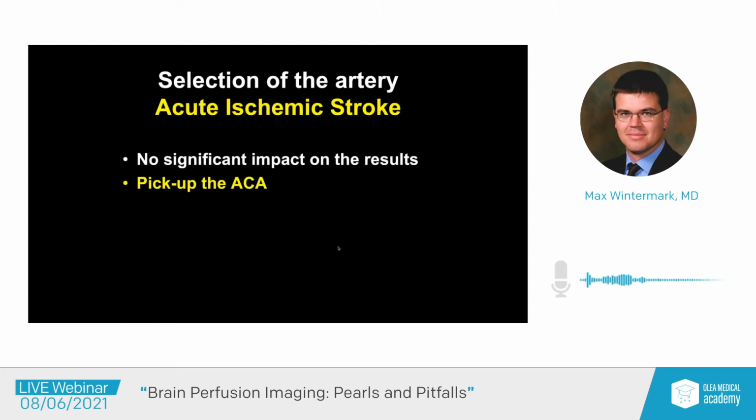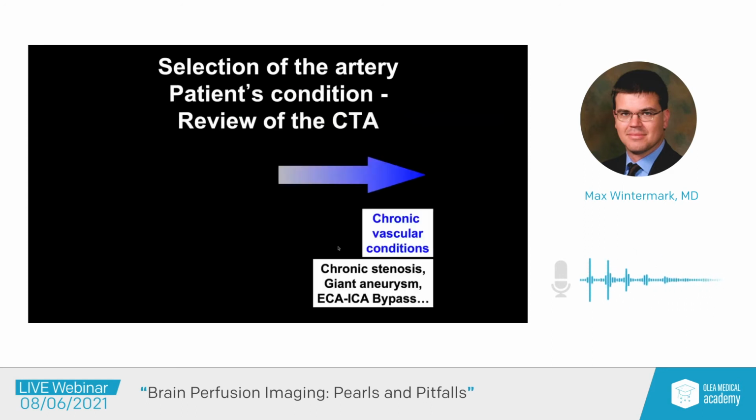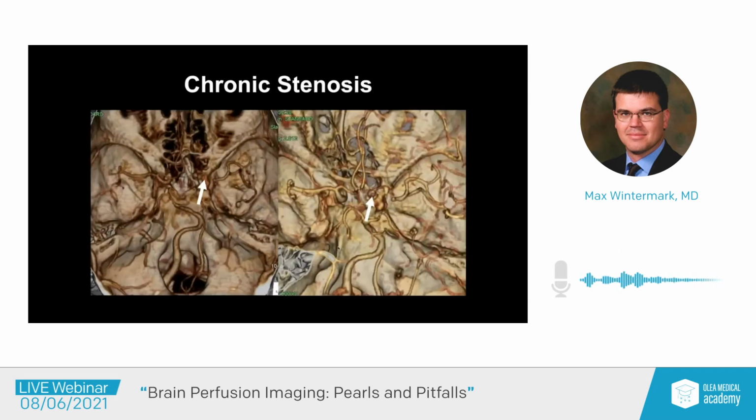And when you play with your software package the next time, you can pick different arteries and you see if it's really just a pure acute infarct, whichever artery you pick is not going to have a lot of impact on the results. So typically we pick the anterior cerebral artery because it's easy that way. When now you're dealing with a chronic condition, things are more complicated. And so let me show you a couple of examples.